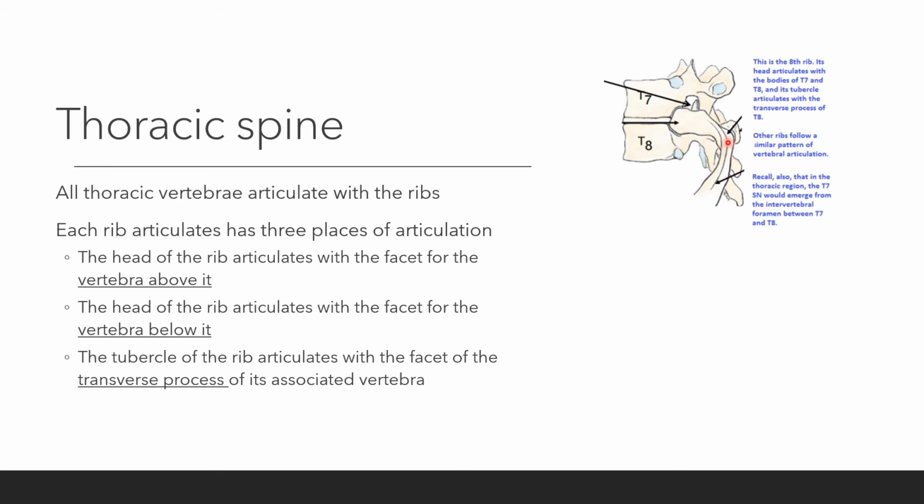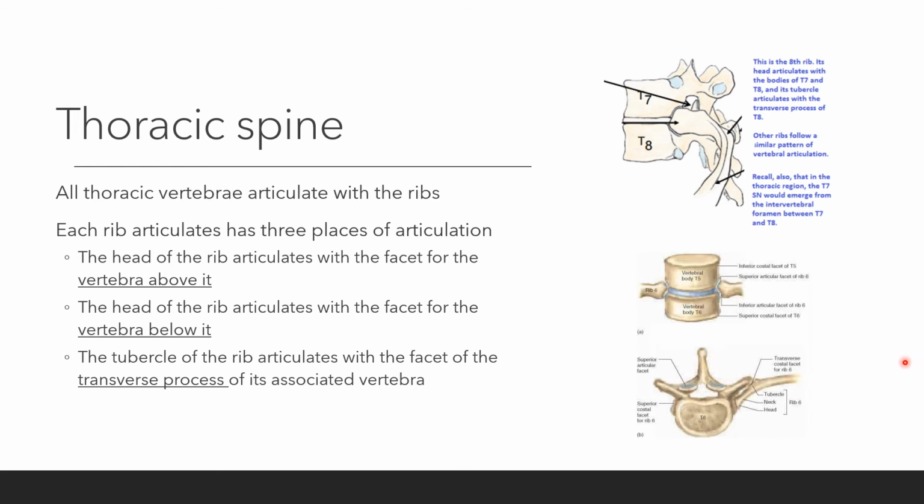The tubercle of the rib, which is this right here, a tubercle is just like a bump coming off the rib, articulates with the facet of the transverse process. So it articulates with the transverse process here, and this vertebra and this vertebra here. So 3 places of articulation. And here's another picture that shows it from a different angle.